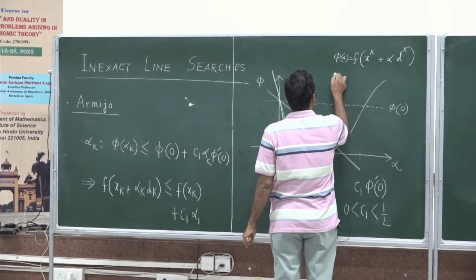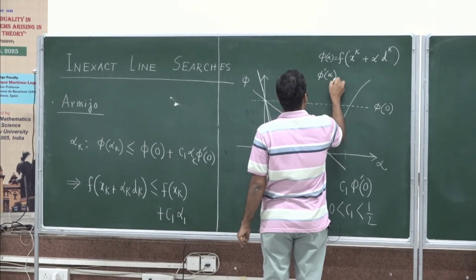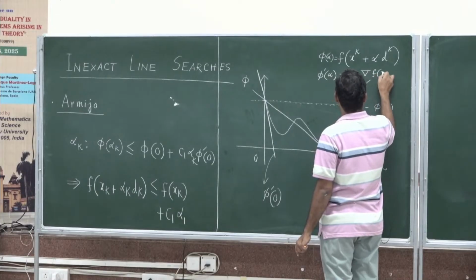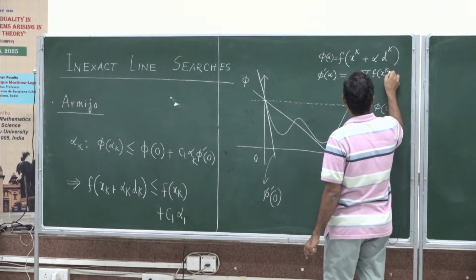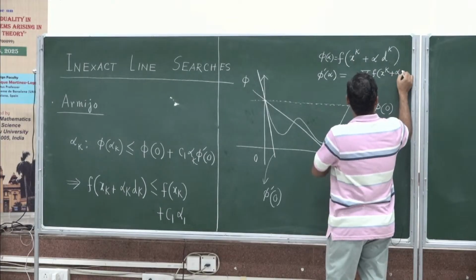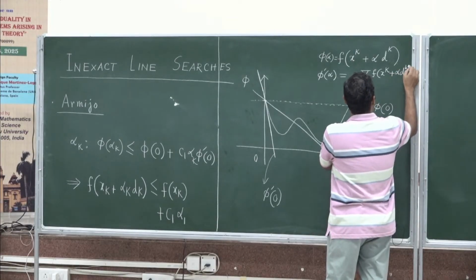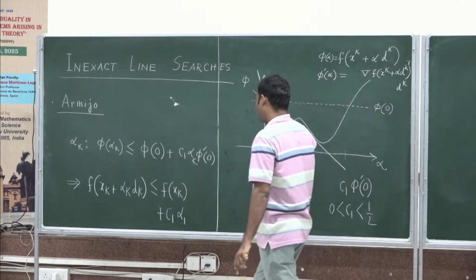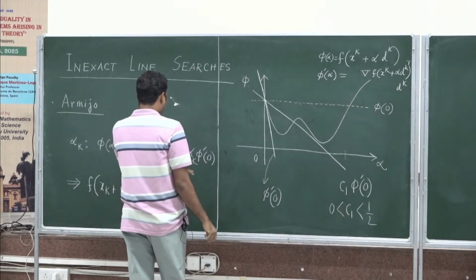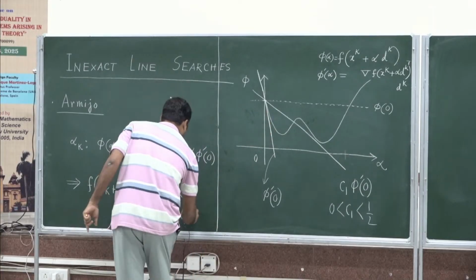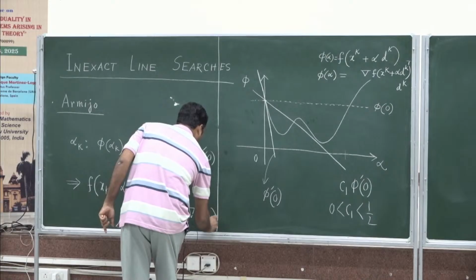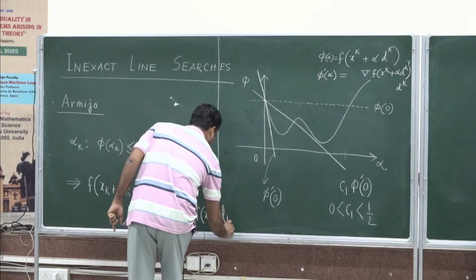What is phi dash 0? If I consider phi dash alpha, by chain rule we can quickly figure out, this is gradient f(xk + alpha dk) transpose dk. So phi dash 0 will be gradient f(xk) transpose dk.